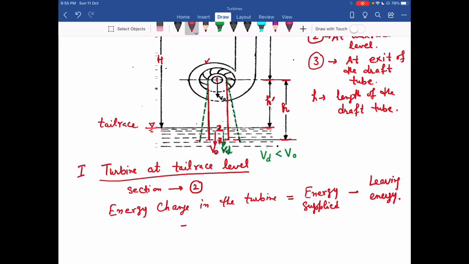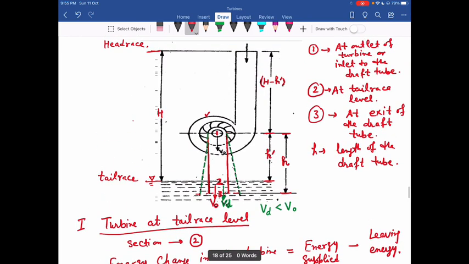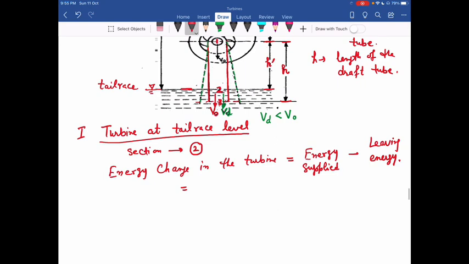Okay, so this is equal to, now the energy supplied when the turbine is installed at tail race level, that is over here at section 2, the available head is H. So I can write this energy per unit mass, and that becomes gH.